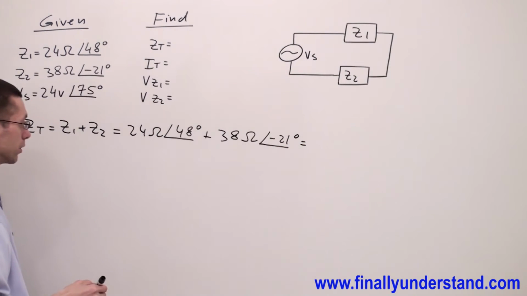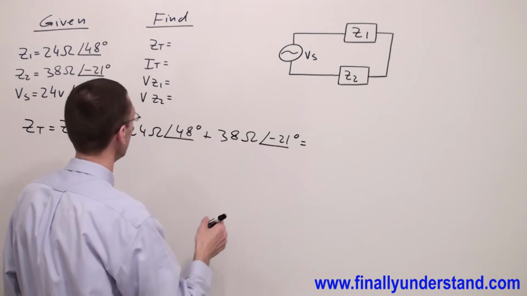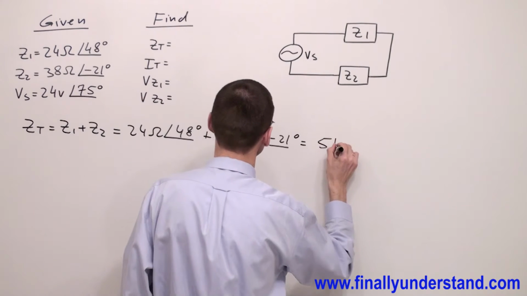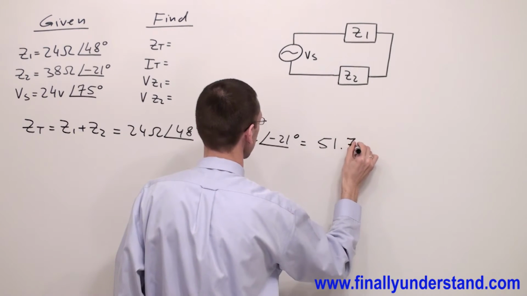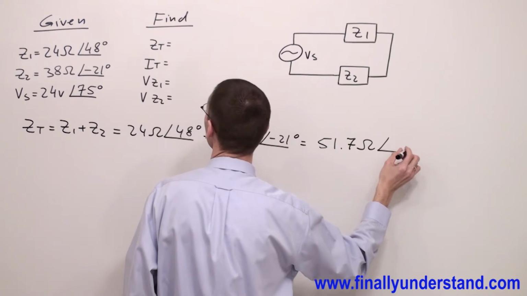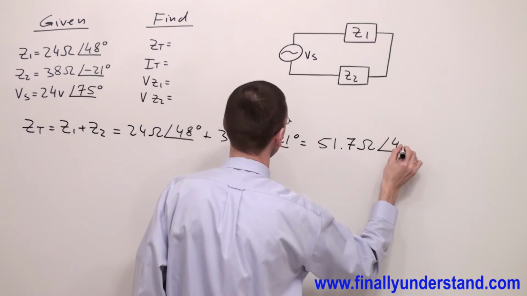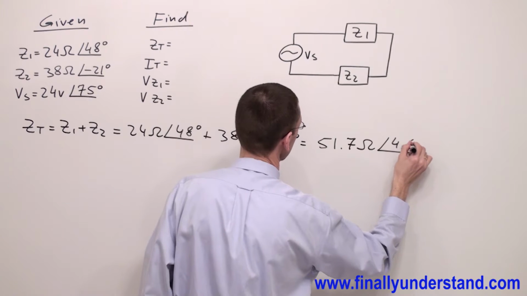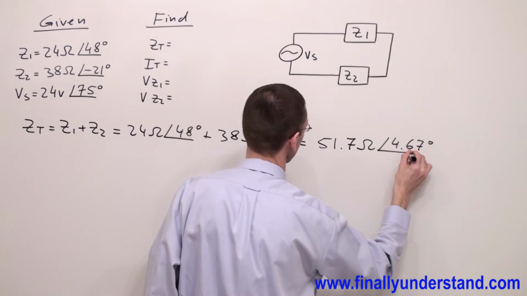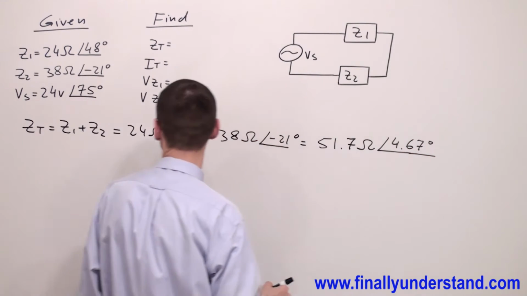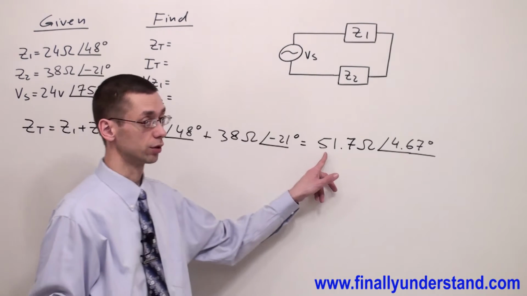Use the calculator and you're supposed to get the value of 51.7 ohms and angle of 4.67 degrees. This is my Z total.